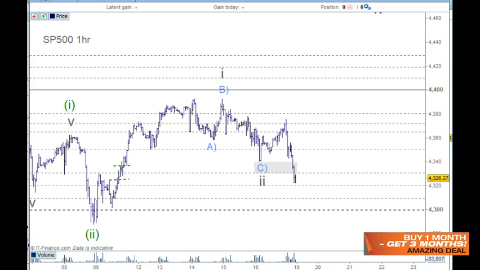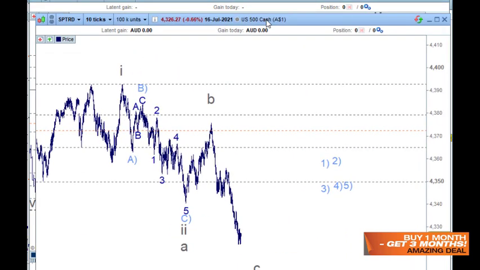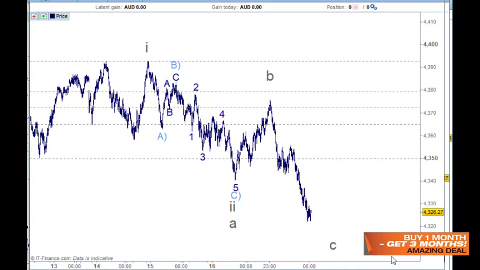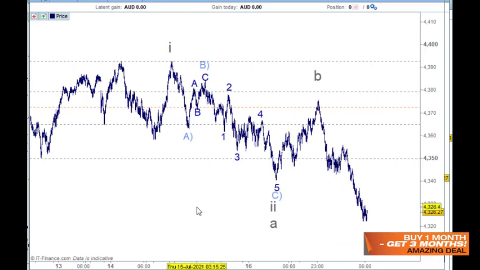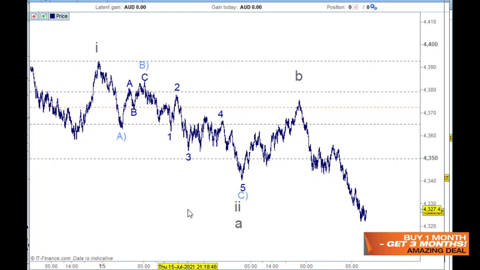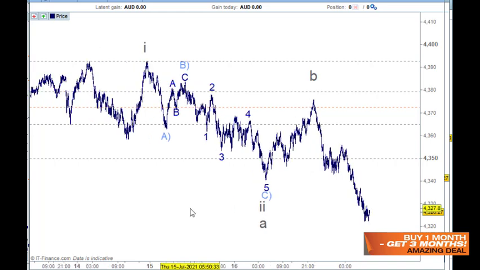So apart from the error that I've made, we need to have a look at it. This is a 1 hour chart that we're looking at, and I think on Friday we were looking at this chart too, which is not 100 ticks, it's 10 ticks. Sometimes I drop it down to 20 ticks, but sometimes 10 ticks. I was looking for wave 1 and wave 2 here.